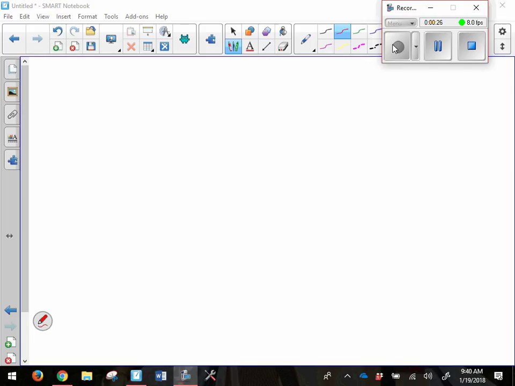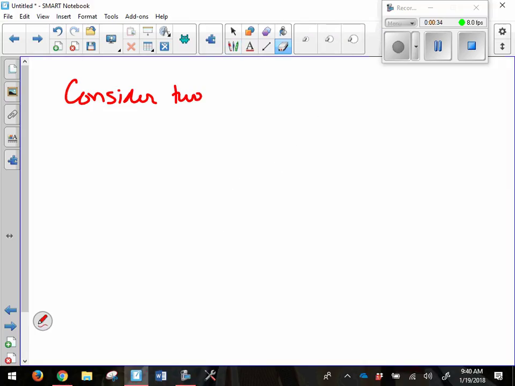So I'm going to consider two particle-like objects. And that just means that they're pretty symmetric. I don't have to worry about like one side being affected differently than the other.